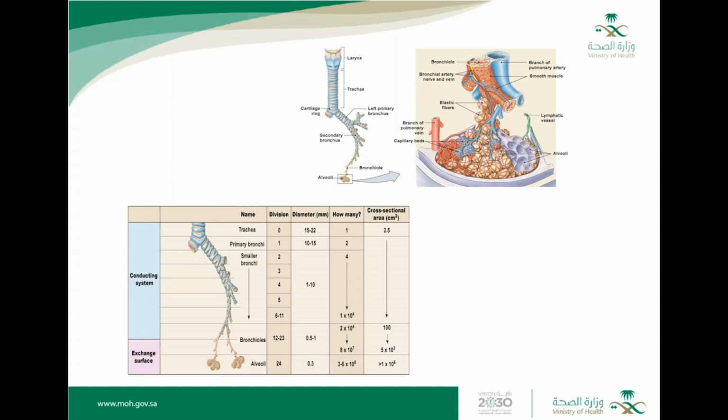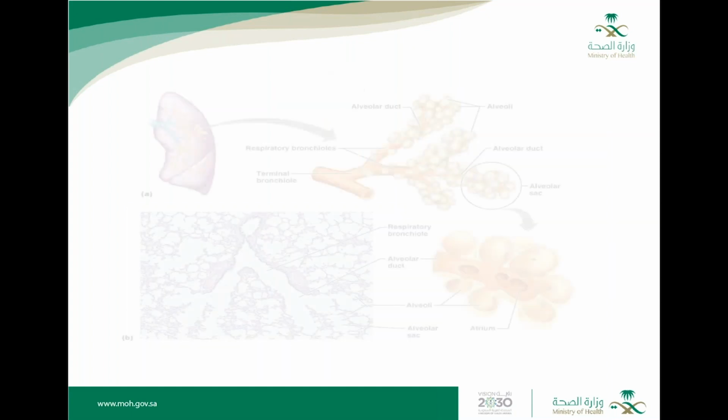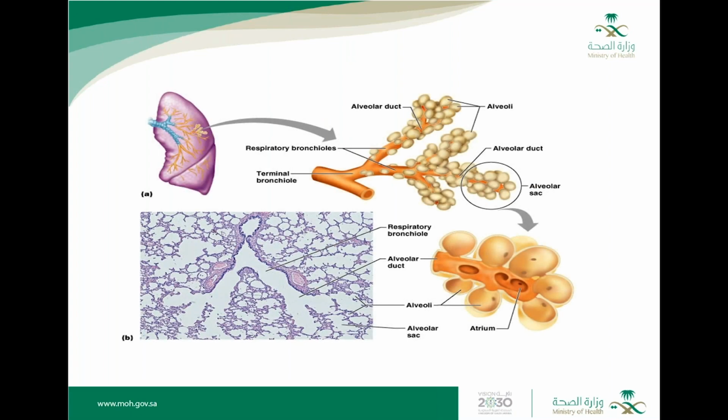Now, like I said, when we reach the alveoli, which is the site of gas exchange, the surface area is rather massive because they are thin-walled and packed next to each other, and you have about 300 million alveoli. Again, a physical principle applied here is Fick's law, which says the rate of diffusion increases with surface area. So when you have 300 million alveoli packed into your chest and you try to calculate their surface area, it is approximately 70 square meters, or about the size of a tennis court.